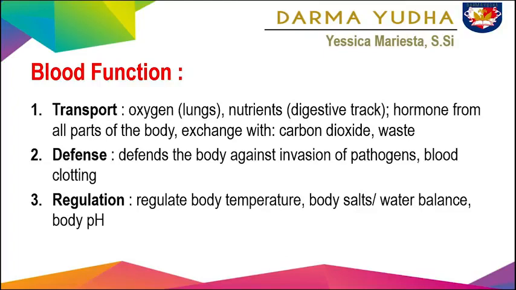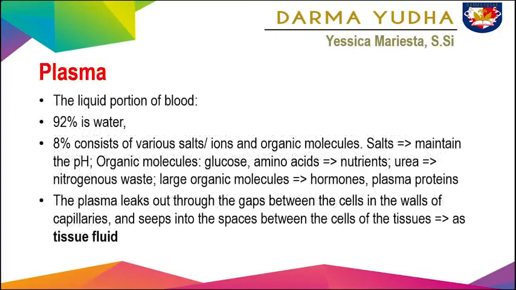Why is the body pH important? If your blood is too acidic, it means that your body lacks oxygen. And if this is the case, it could damage the functioning of your body organs.